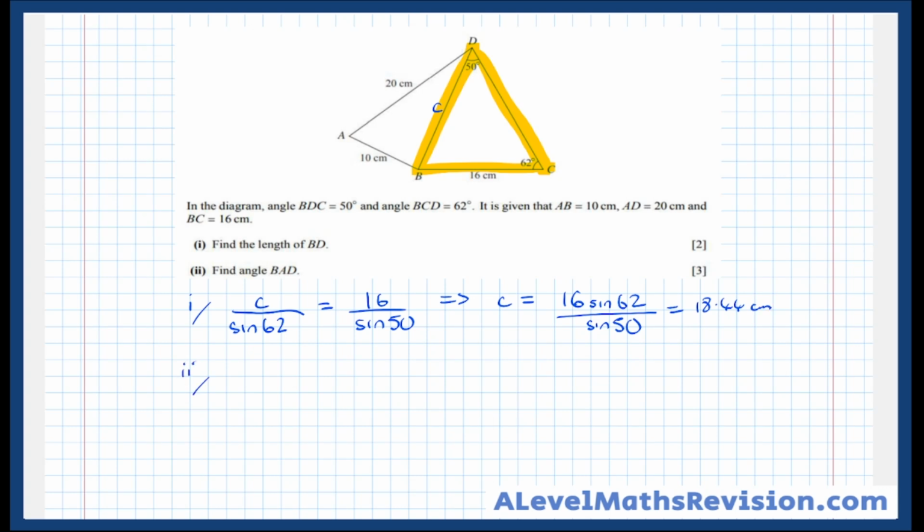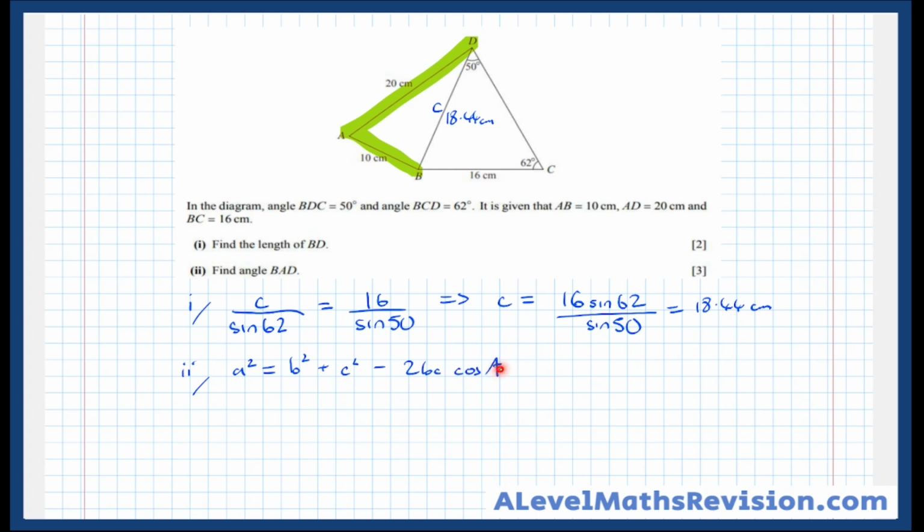Part 2. Find the angle BAD. So B to A to D. So we know that there's only one angle involved in the question, and I'll mark on 18.44 centimeters there, by the way. So we know we're going to use a squared equals b squared plus c squared minus 2bc cos A. Well, luckily the angle we need, A, has the same label as this one here.